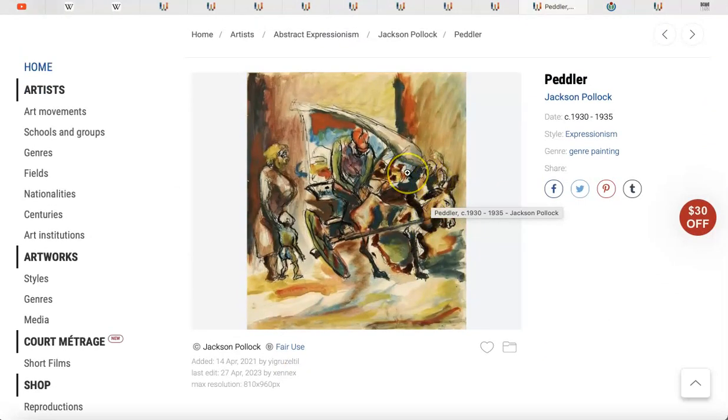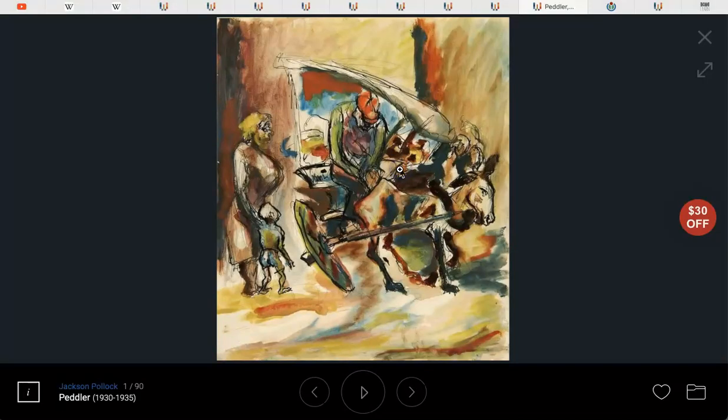It says the style is Expressionism. It's a genre painting. There it is. Somebody selling stuff in a horse-drawn carriage, and there's a woman and a child next to the carriage, and the background is very nondescript. Is this the beginning of what was to come for Jackson Pollock?